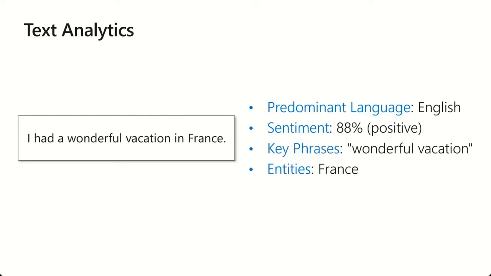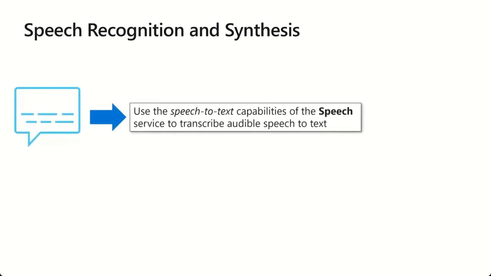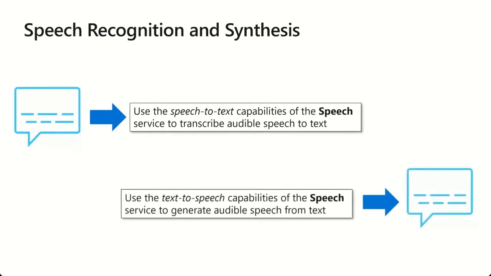Now, when we're looking at speech recognition and synthesis, it's a bit different. The speech service provides a speech-to-text API that you can use to implement speech recognition functionality. And this service supports transcription in more than 60 languages. And conversely, the text-to-speech API can synthesize audible speech from text, with the option to specify regionally appropriate voices for human-like pronunciation.